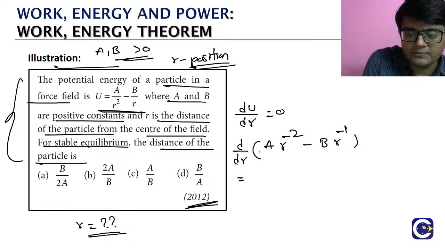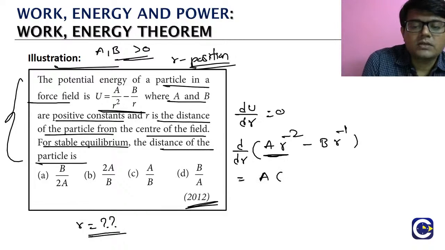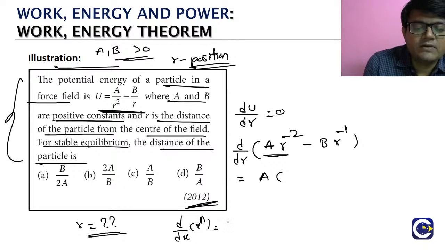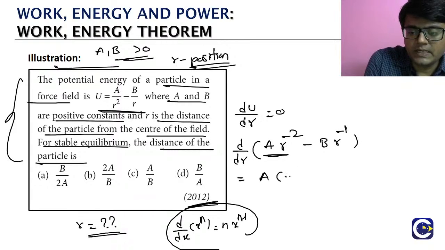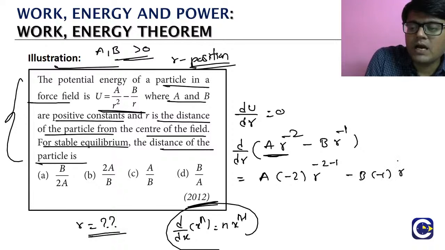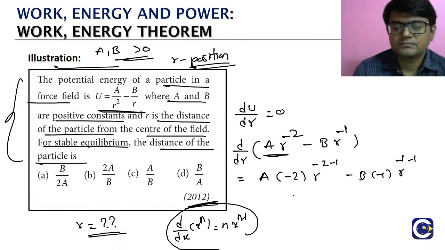The derivative of x power n is n into x power n minus 1. So minus 2 into R power minus 2 minus 1. Then we'll have minus B into minus 1 R power minus 1 minus 1.